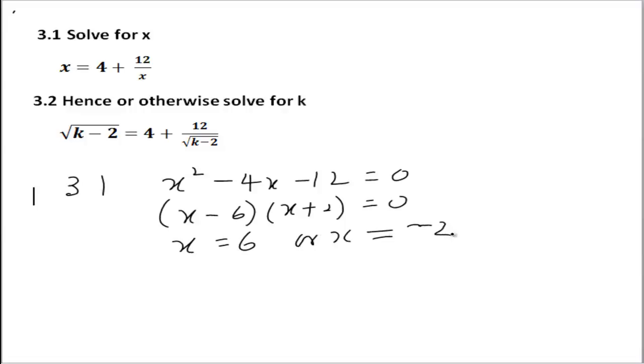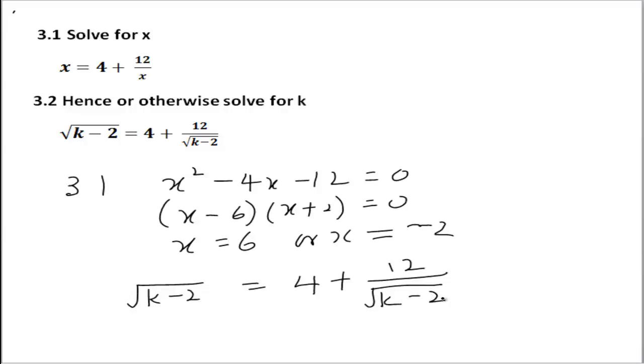Now you want to do the next problem, which is the root of k minus 2 is equal to 4 plus 12 over the root of k minus 2. Now you'll notice that this is same as the top. The problem is same.